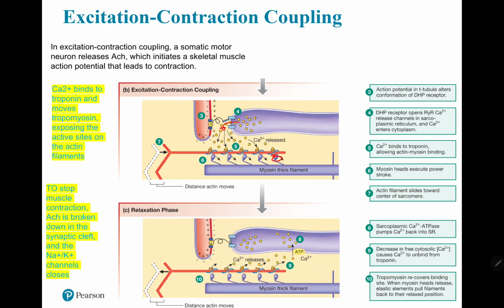In order to stop this muscle contracting, we have to break down that acetylcholine in that synaptic cleft, because that was the initial stimulus, right? So we break down the acetylcholine in that synaptic cleft with enzymes such as acetylcholinesterase, right? And so acetylcholine is broken down. Those sodium channels are closed. That action potential is not going down anymore. Thus, that dihydropyridine receptor closes, right?